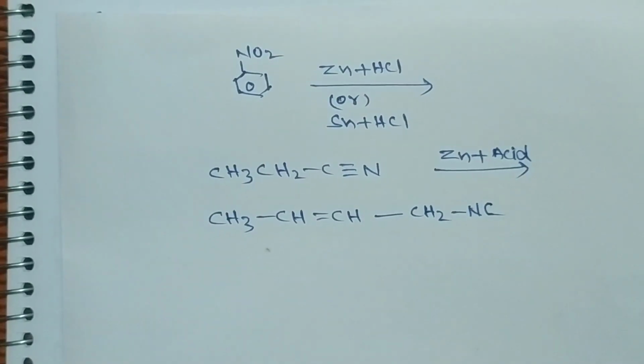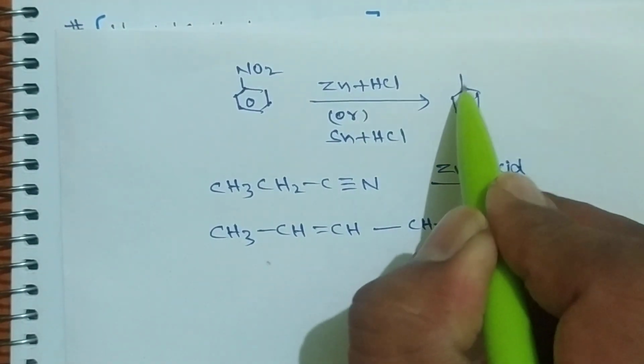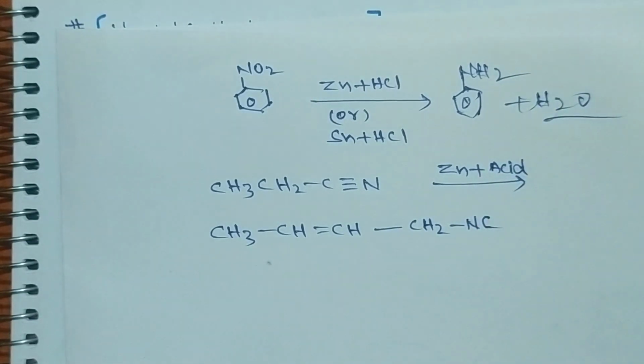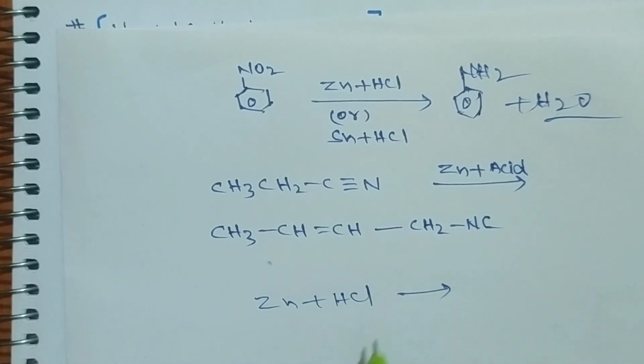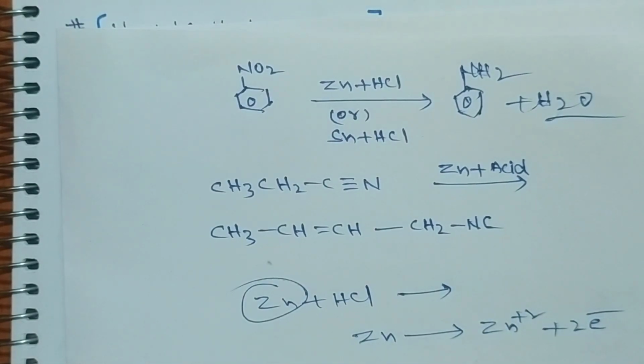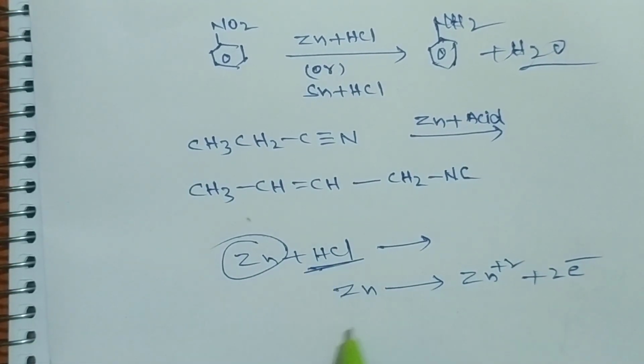Now metals plus acids. NO2 group is converting into NH2 group. That means removal of oxygens and addition of hydrogens. Metal plus acid: first zinc, the metal, loses 2 electrons, converting into Zn2+. HCl is nothing but Cl minus and H plus.